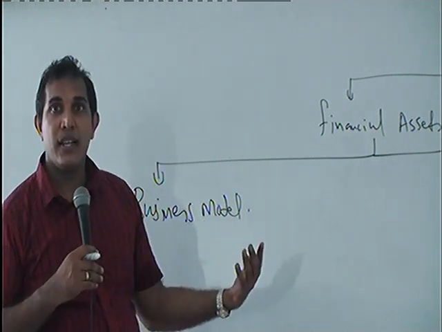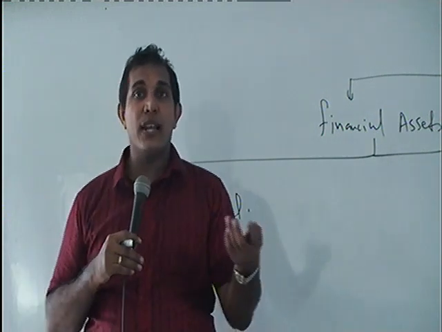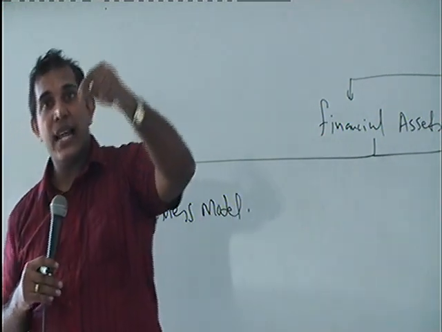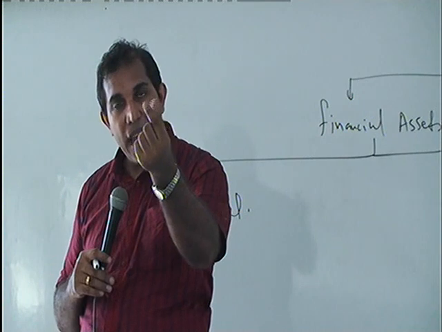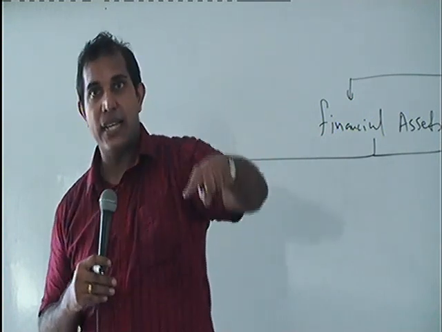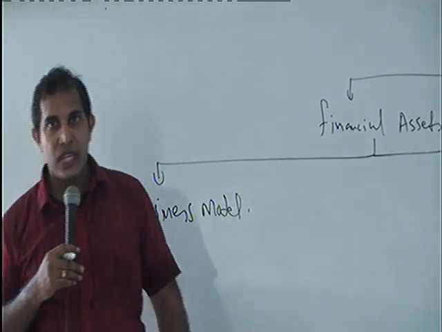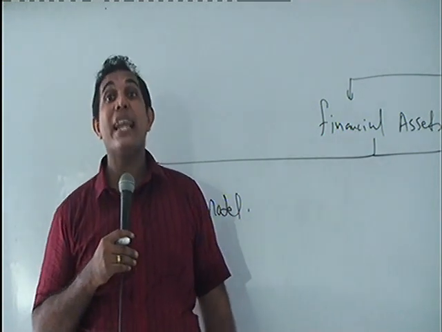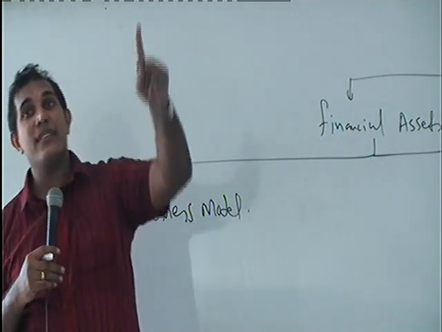That is the business model. Sometimes the business model is to keep the financial asset, and the cash flows would be collected through selling. The financial asset would be sold.